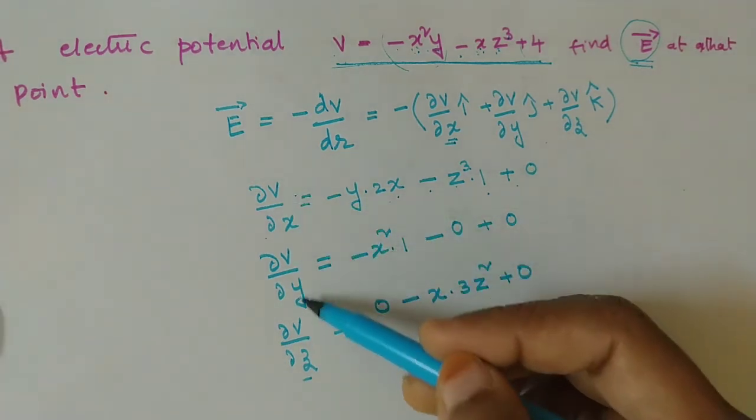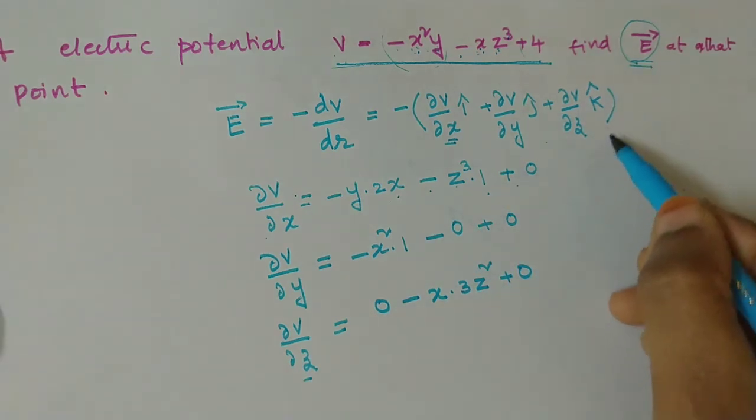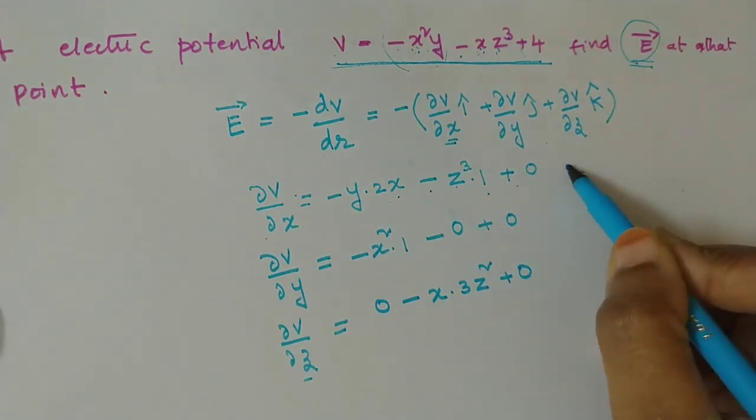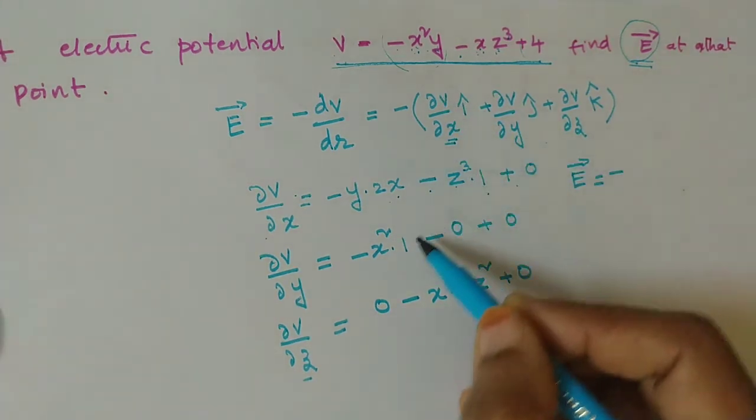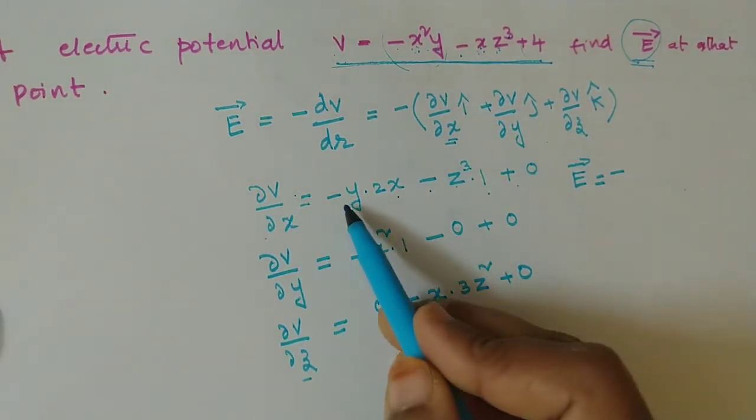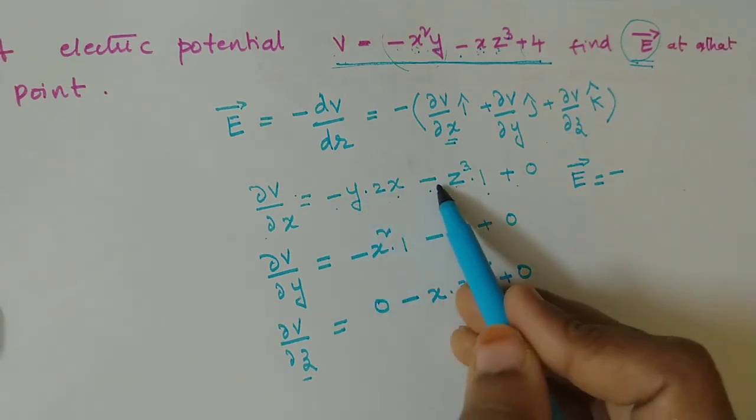So once you get all these three values, now you can find out the electric field vector as minus of dou v by dou x. We have got dou v by dou x as minus 2xy minus z cube.